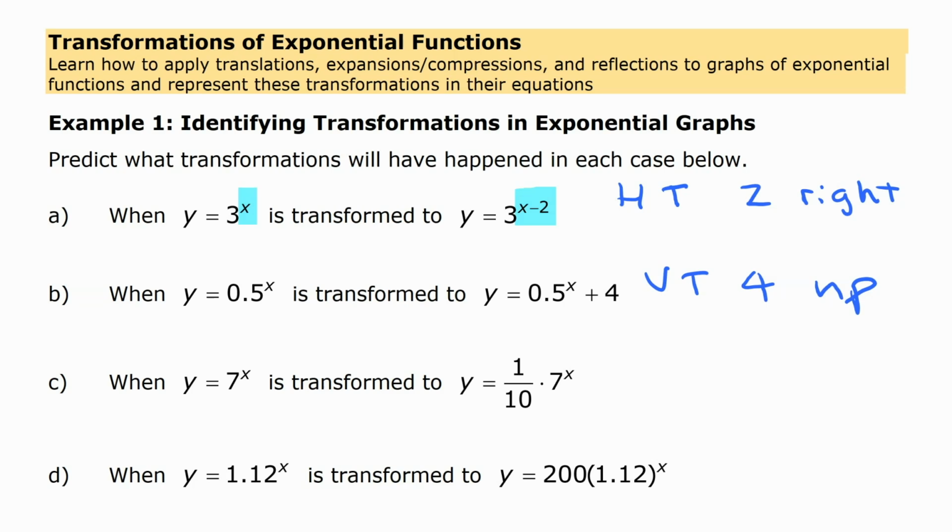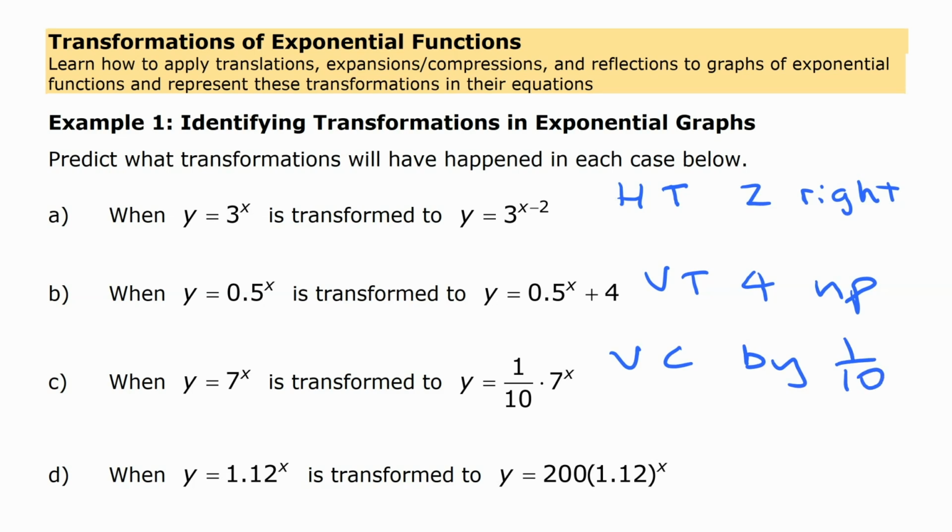And the third one here, if we change y equals 7 to the x to y equals 1/10 times 7 to the x, in other words, we take that function and multiply it by 1/10, that is going to cause a vertical compression by a factor of 1/10.